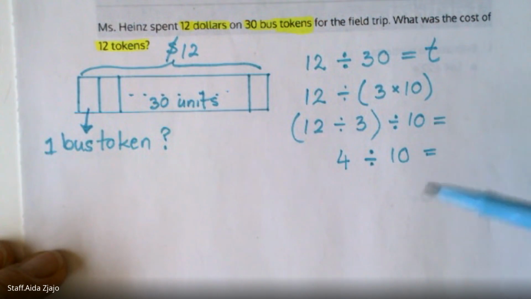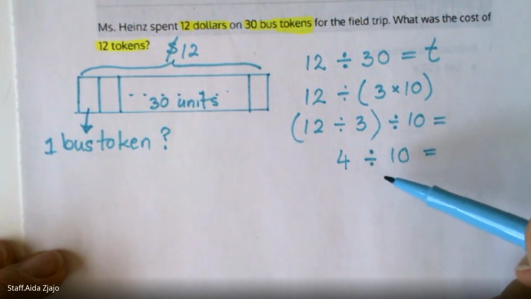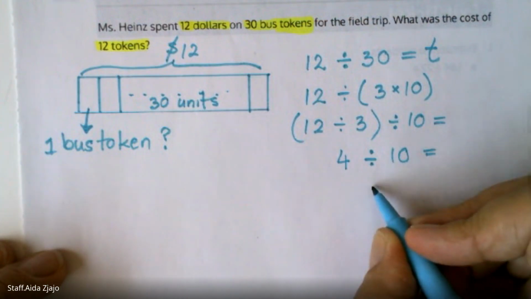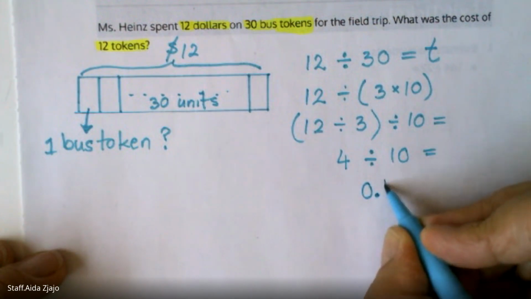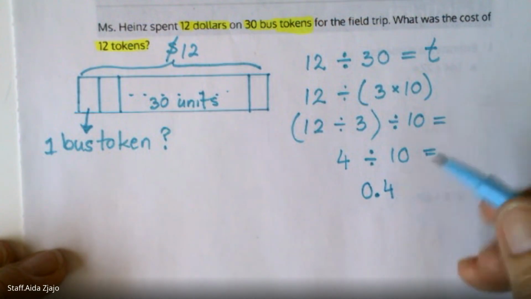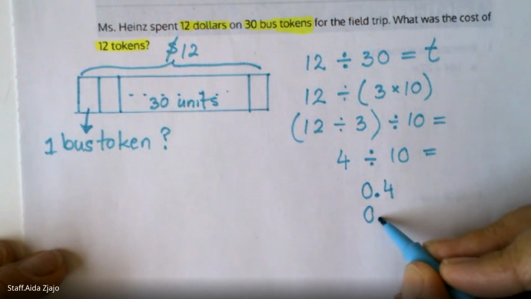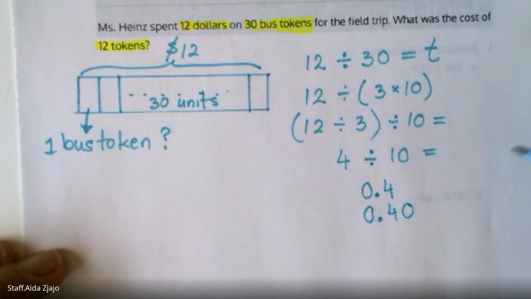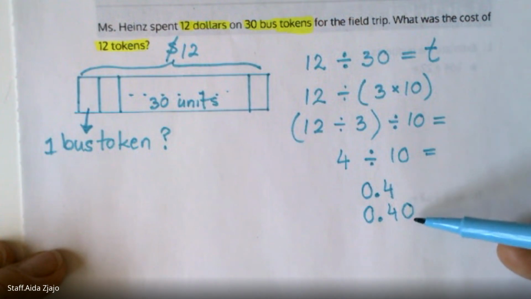So it's the same if you have 4, 10 times smaller becomes 4/10. So 0 and 4/10. We can also see 4/10 as 0 and 40 hundredths. This means the same, because 4/10 is the same as 40 hundredths.